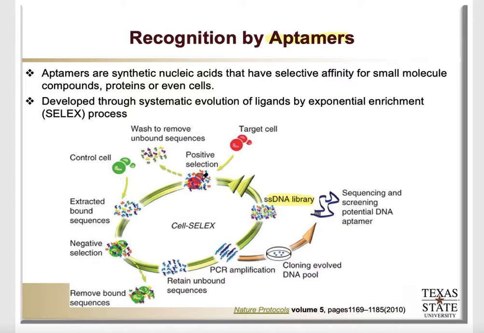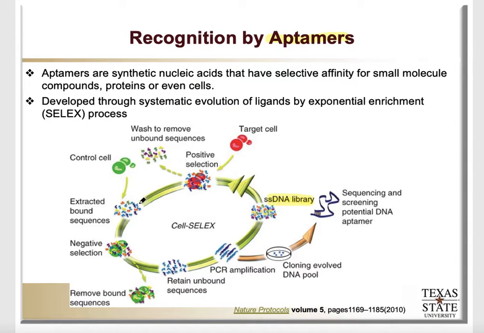And after some time, some of those nucleic acids, just by chance, just because of their structure, because of their fit, are going to bind to the target, to some epitope on that target. And the ones that do not bind are going to be washed off. We then collect the ones that do bind, and that's basically the extraction.